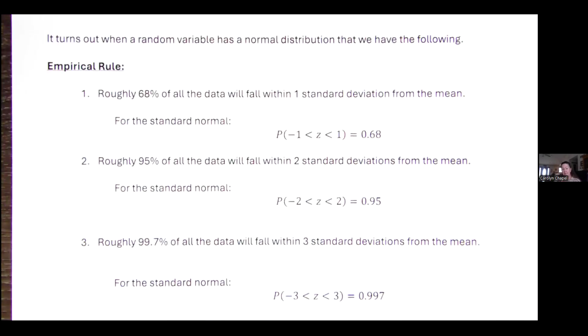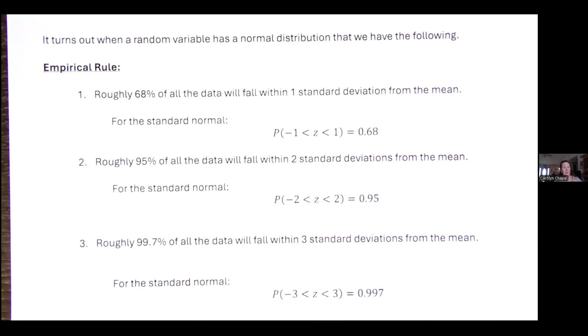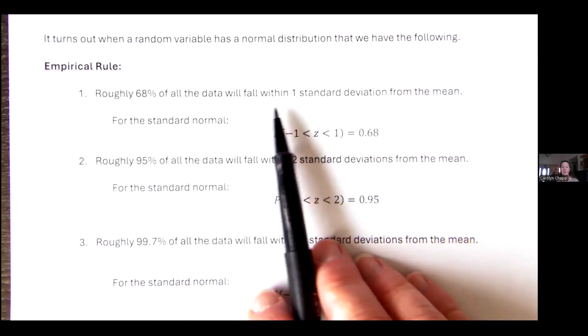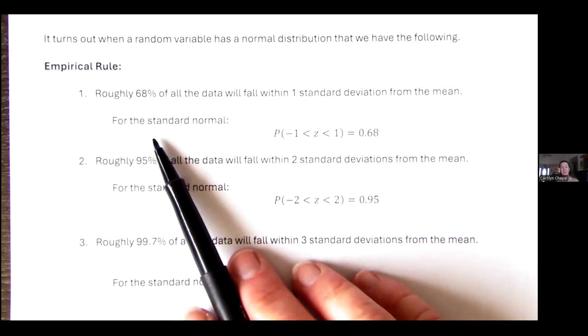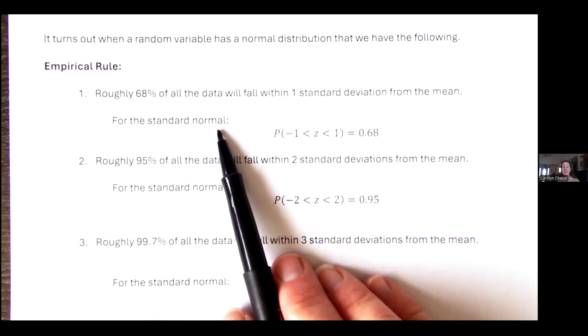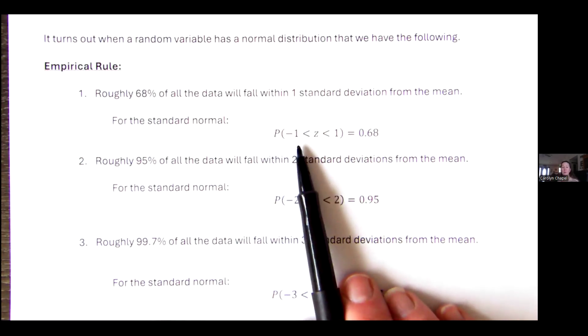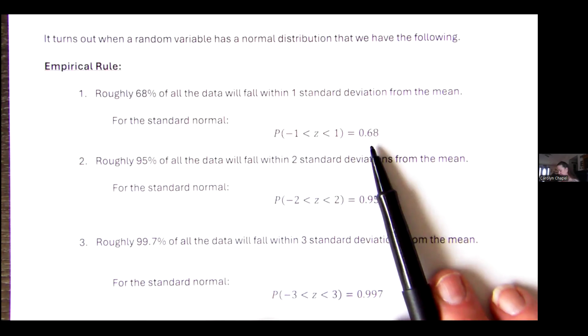And what it says is that if we have the data, people, cans, whatever, roughly 68% of our data will fall within 1 standard deviation from the mean. So for a standard normal, what that means is the probability that you're between -1 and 1 is 0.68.